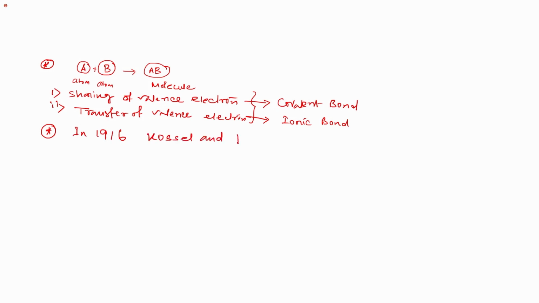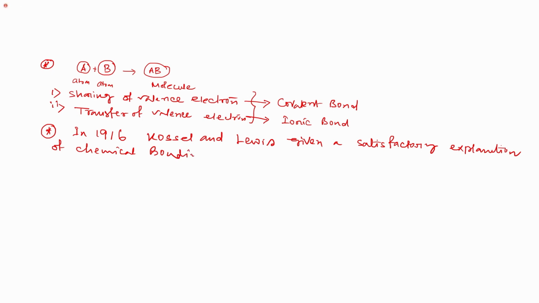Kossel and Lewis gave a satisfactory explanation of chemical bonding with the valence concept. Lewis postulated that atoms achieve the stable octet when they are linked by a chemical bond.